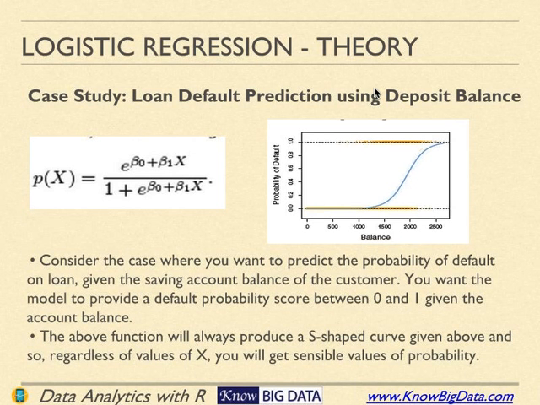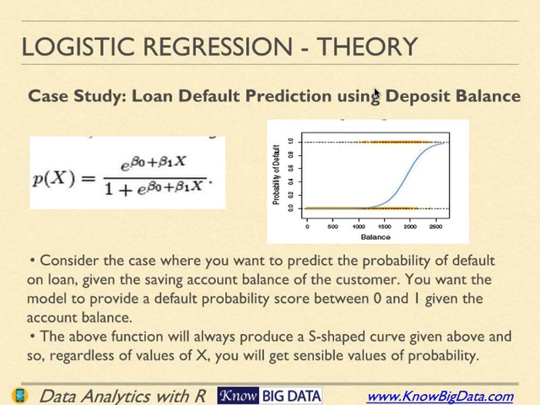Loan default prediction using a deposit bank. It has a balance and a probability of default. If the balance keeps growing, there is a probability of default. Consider a case where you want to predict the probability of default on a loan given the savings account balance of the customer.